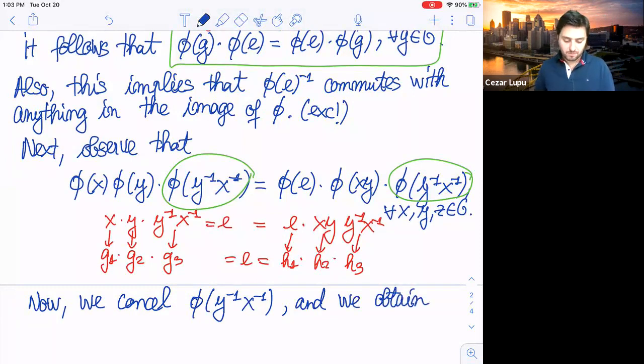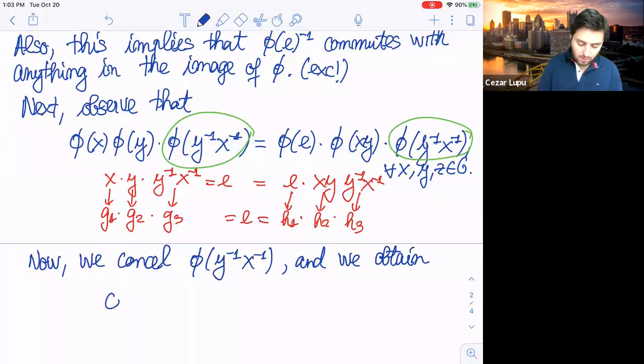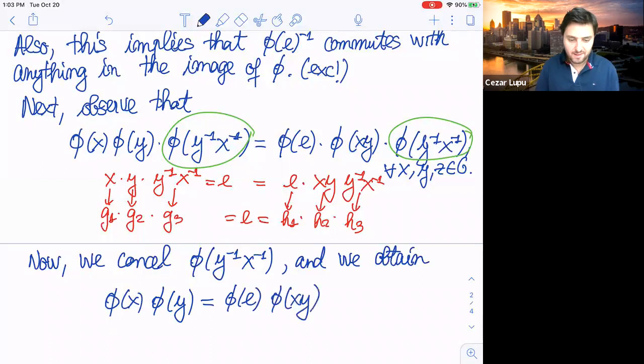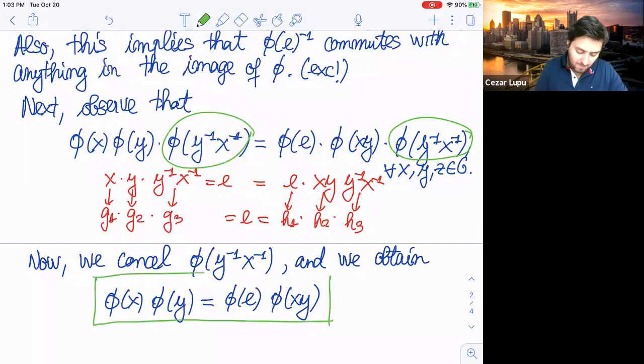Can you tell me? We obtain phi of x, phi of y is the same as phi of e times phi of xy. Are we close? Well, almost there. Let's keep this relation in mind. We're almost there.